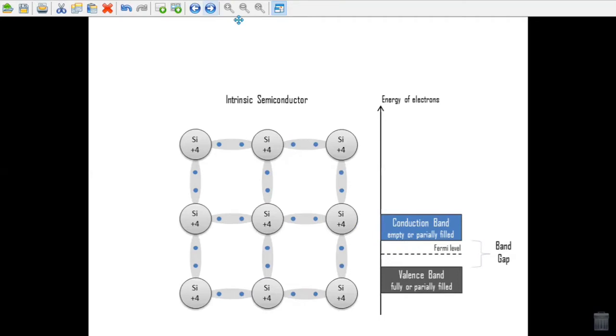While this property alone isn't particularly useful for digital logic, doping a semiconductor can have significant effects on the band structure. This means that the distribution of electrons in the valence band or conduction band will change.